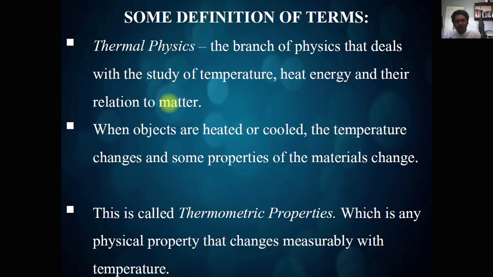So in thermal physics, when objects are heated or cooled, the temperature changes, and some properties of the materials change. So there is a property of a material that changes variably because of the temperature applied to that object. Those properties are what we call thermometric properties, which is any physical property that changes measurably with temperature.